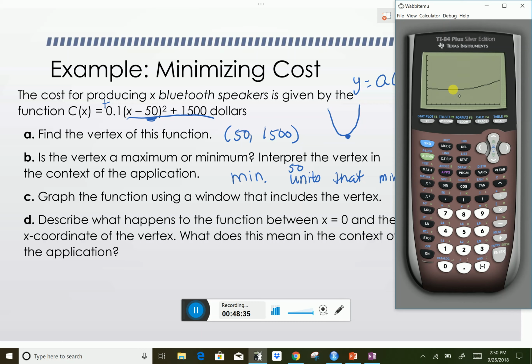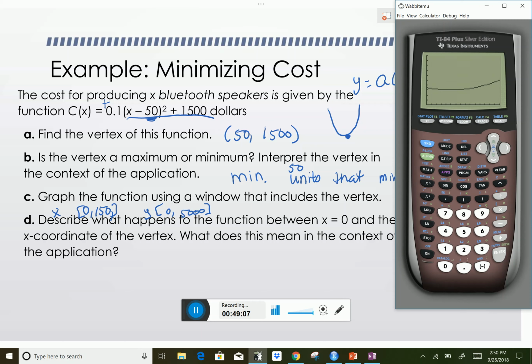I can see the vertex. The vertex is right here. So what I ended up doing was 0 to 150 for x, and my y was 0 to 5,000. So I got my vertex in there, and it did just fine.